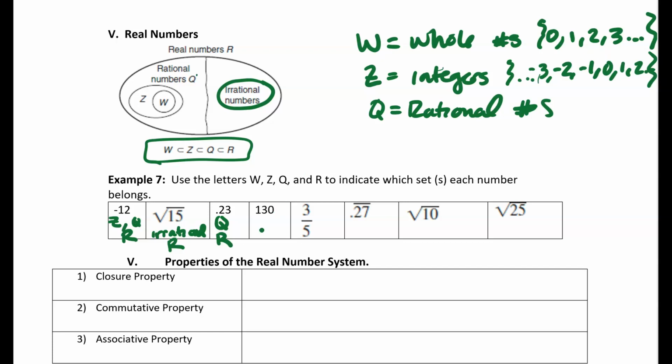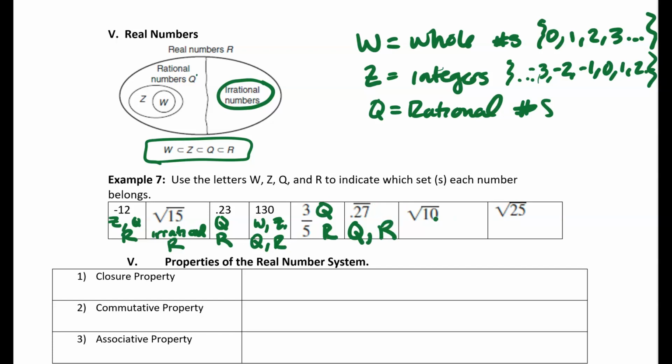130 is a whole number. So because it's a whole number, it's also an integer, it's also rational, and it's also real. 3/5 is not a whole number or an integer, but it is a rational number, and because of that, it's also considered real. 0.27 repeating, since it repeats, it's going to be a rational number, which is Q. It's not a whole number or integer since it's a decimal, but it is rational since it repeats, and therefore it would also be considered real.